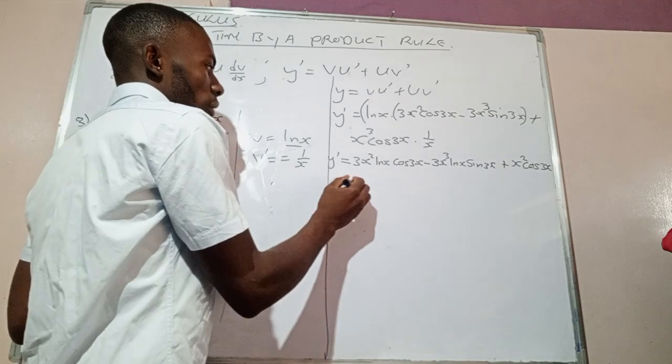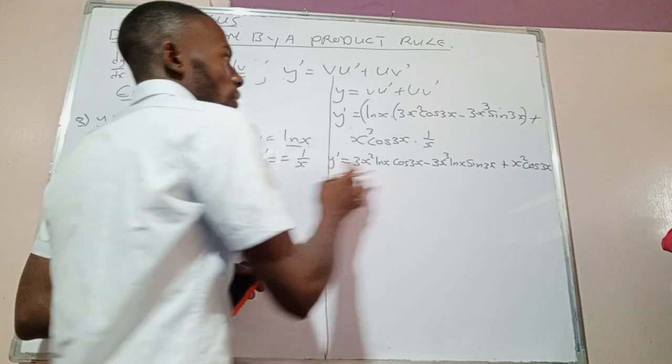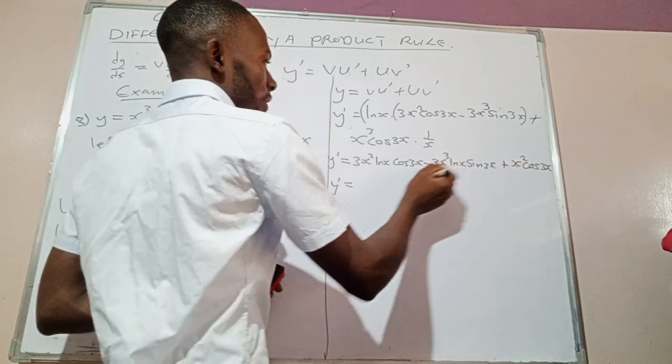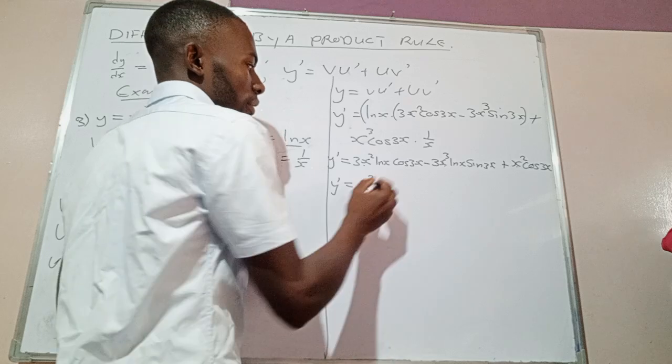Okay, so y prime is equal to, what is common here? So we have x squared, x to the power 3, 3x squared. So x squared is common.